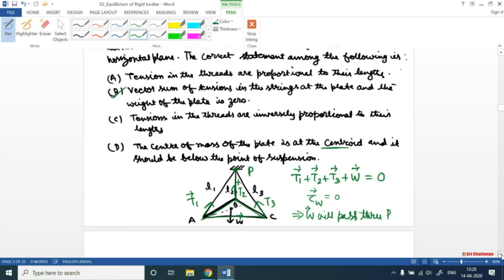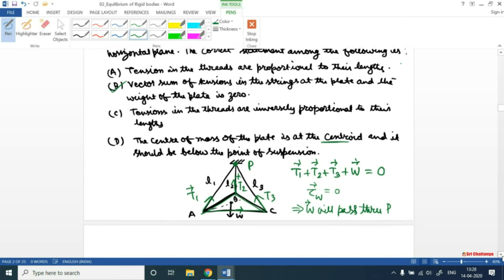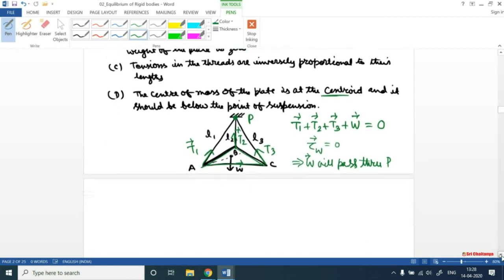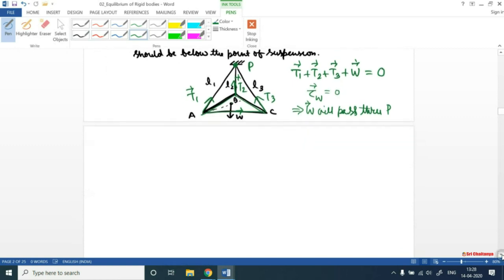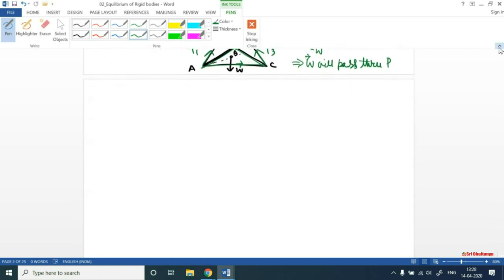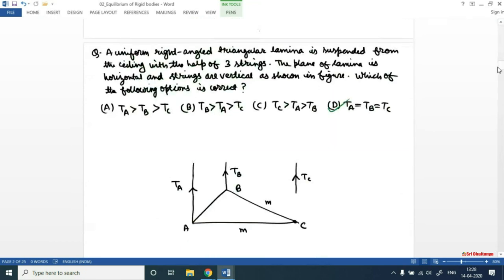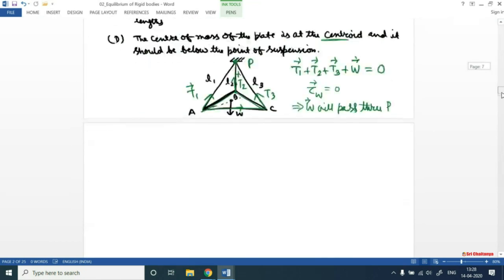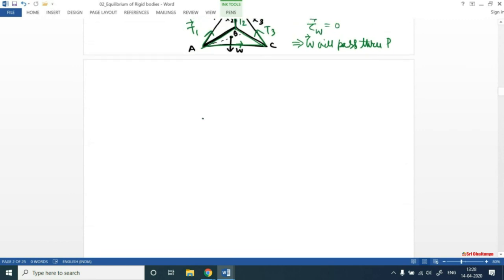Now coming to the very first part, whether the tension would be proportional to its length or inversely proportional to length. Let's quickly do this problem. Let me redraw this diagram over here. Let's say this is the triangular lamina, that is A, B, C, and this is the point of suspension.